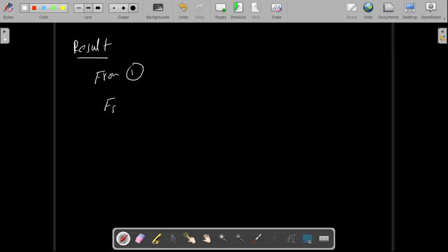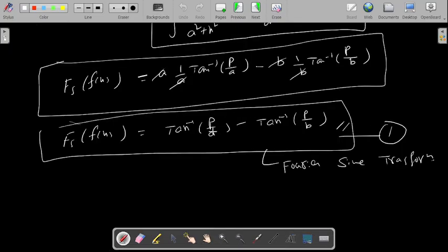Fs of f of x. Fs of f of x means Fourier sine transform is equal to what? Tan inverse p by a minus tan inverse p by b. This is what we now got in 1, tan inverse p by a minus tan inverse p by b.